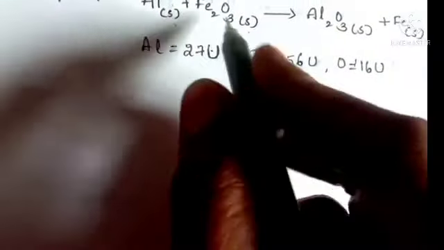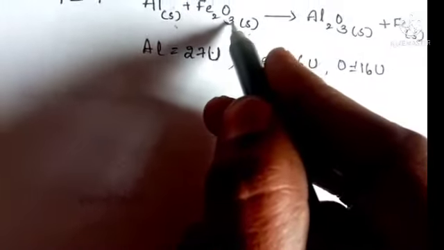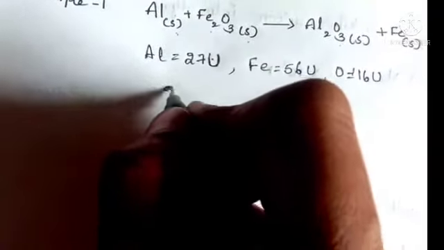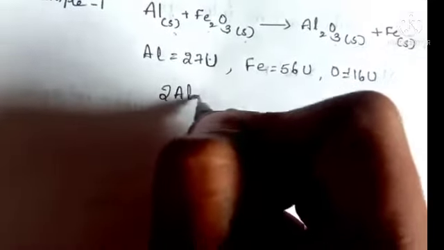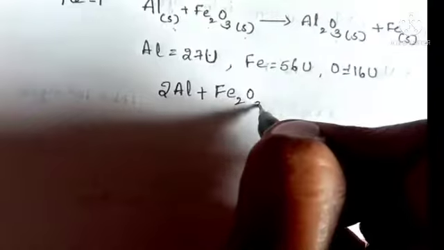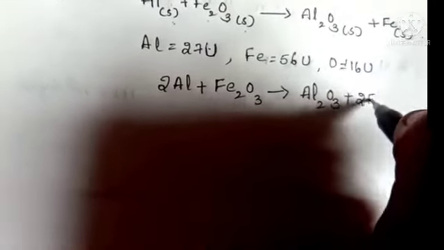Aluminium 2 moles, oxygen 3 moles, and ferrous 1 mole. Here the balanced equation: 2 aluminium plus ferrous oxide gives aluminium oxide plus 2 moles of ferrous.